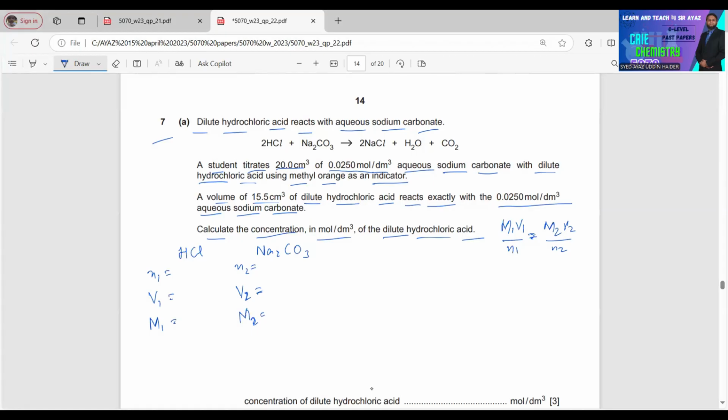We need to find the concentration of hydrochloric acid, so I will write question mark here. What about N1? That's number of reacting moles of HCl. It's 2 from the equation. Na2CO3, 1. Volume of HCl is 15.5 centimeter cube. Volume of Na2CO3 is 20 centimeter cube.